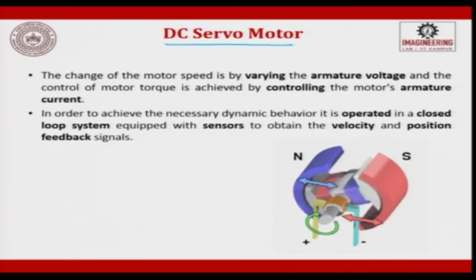The change of motor speed is by varying the armature voltage, and the control of motor torque is achieved by controlling the motor armature current.